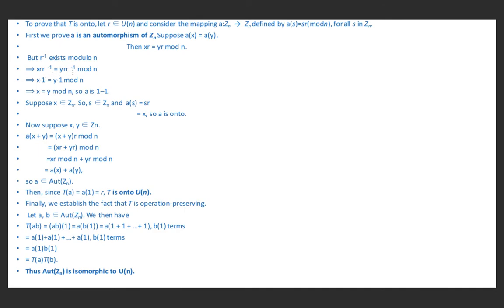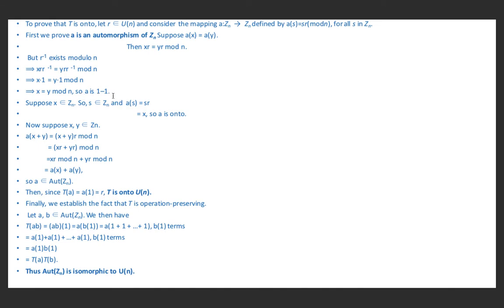r into r inverse is nothing but the identity element. So it is x into 1 equal to y into 1 mod n, because Un is a group with respect to multiplication modulo n, so the identity element is 1. So it means x equal to y mod n.